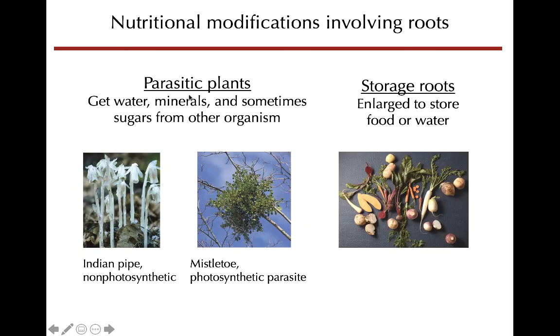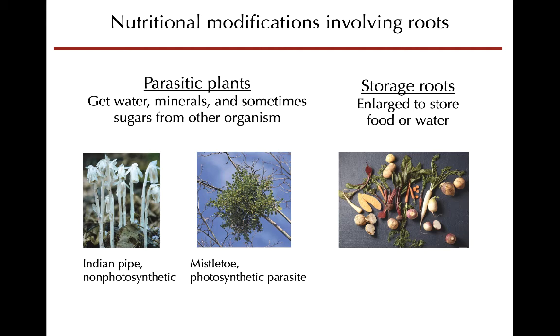Then there's also adaptations for nutrition. Parasitic plants will live on other plants or other organisms, and they basically steal their nutrients. So mistletoe, ironically, even though it's a winter, Christmas, holiday, I love you thing, is actually a parasitic plant that kills the plant it's growing on.